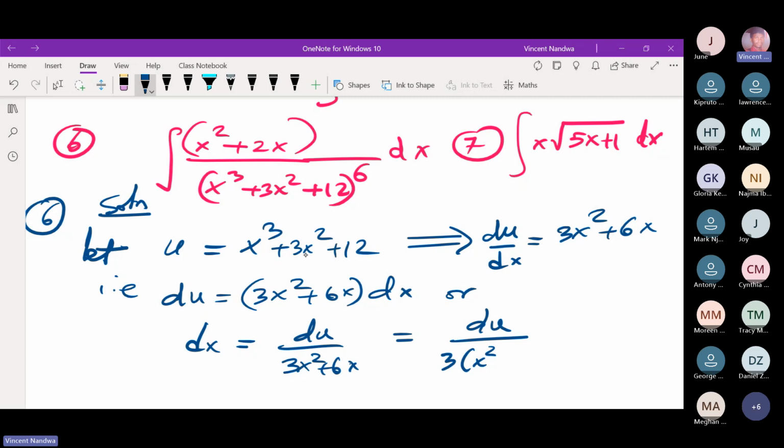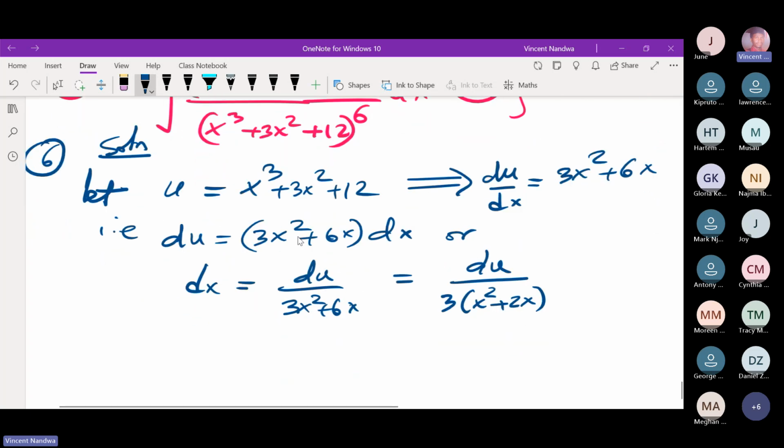So then now let's change the original integral into this new variable u. So the integral of x squared plus 2x divided by x cubed plus 3x squared plus 12 all power 6 dx will be given by the integral of x squared plus 2x in brackets divided by u power 6 times dx alone.